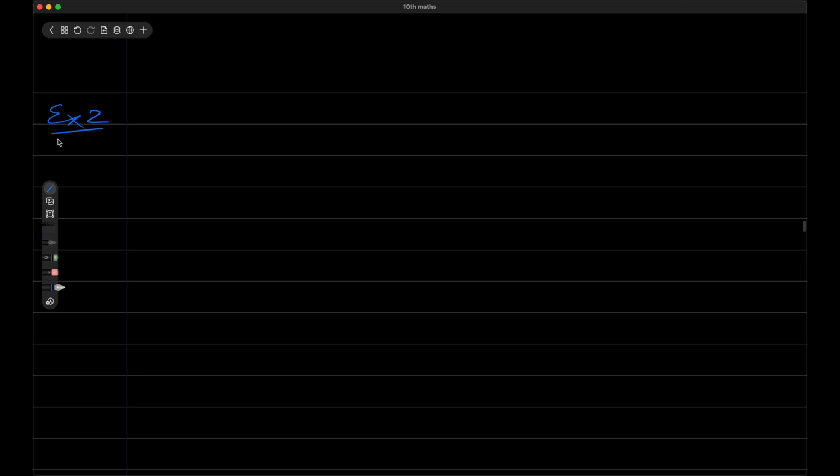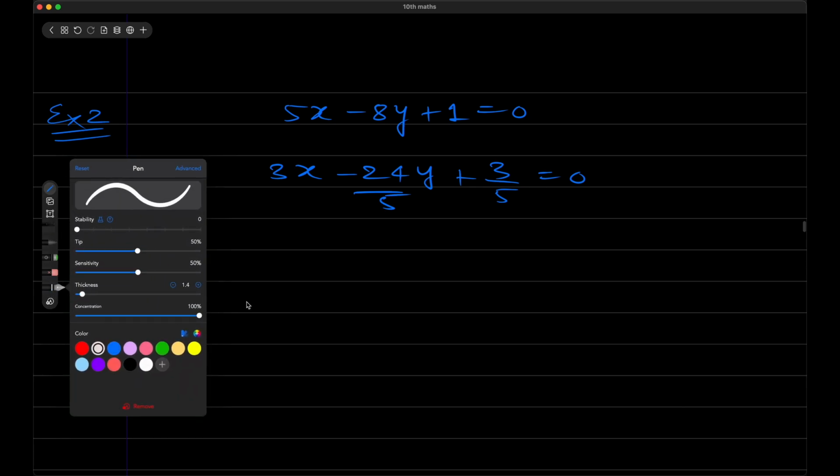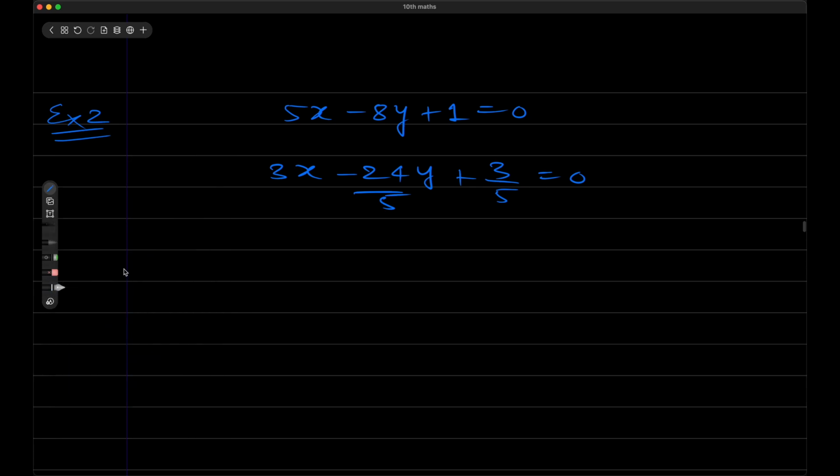Example 2, the equations of the lines are 5x minus 8y plus 1 equals 0 and 3x minus 24y upon 5 plus 3 by 5 equals 0. We have to check whether these lines have no solution, unique solution or infinite solutions.